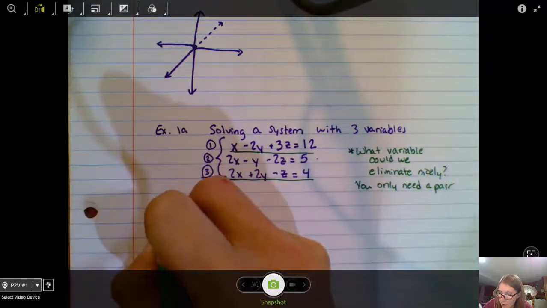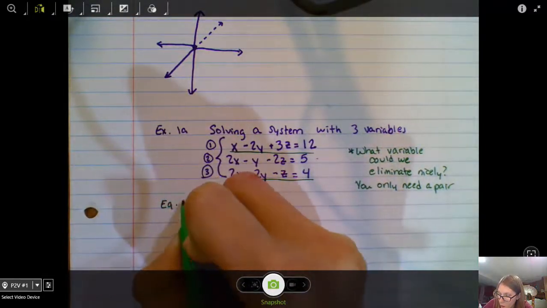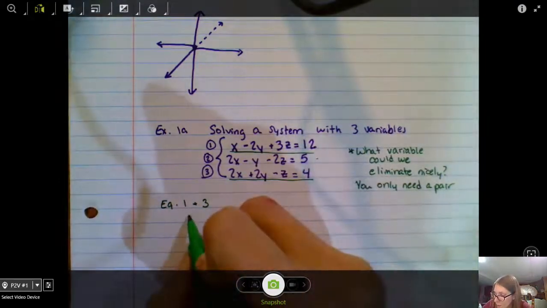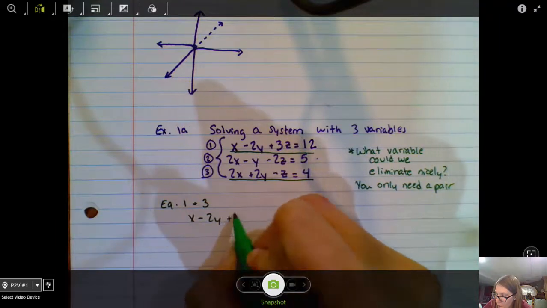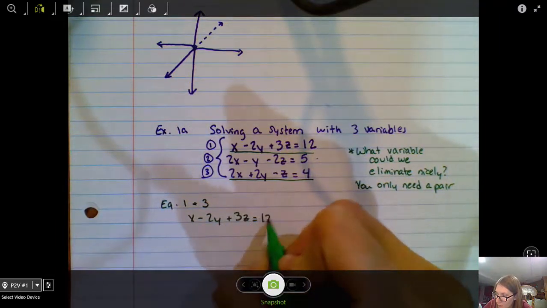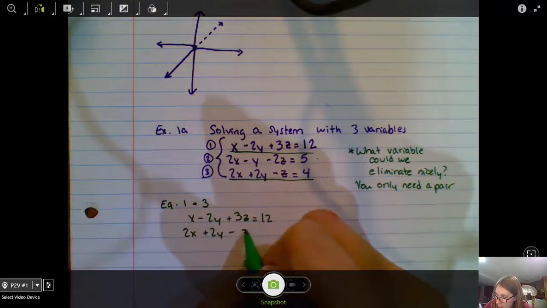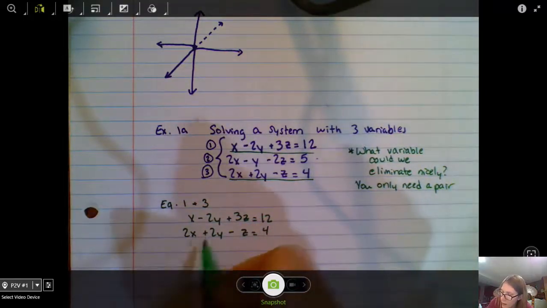So I'm going to write down here that I'm working with equation 1 and equation 3, again, just to help keep my work organized. x minus 2y plus 3z equals 12. 2x plus 2y minus z equals 4.